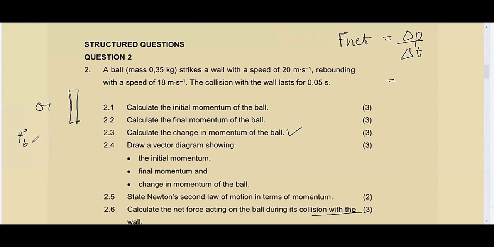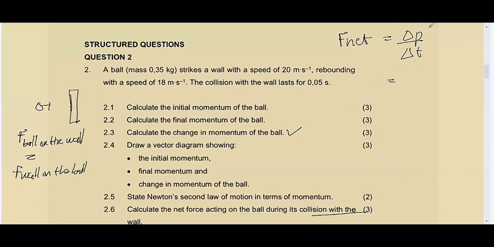So the force of the ball on the wall is equal to the force of the wall on the ball. That's Newton's third law: if object A exerts a force on object B, then object B exerts the same magnitude of force on object A, but in the opposite direction.